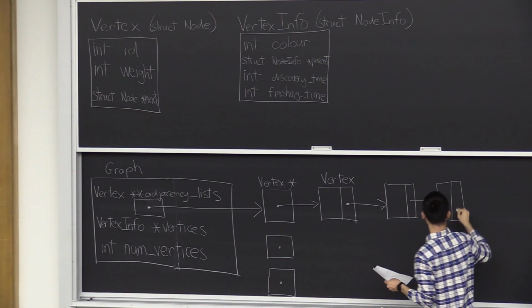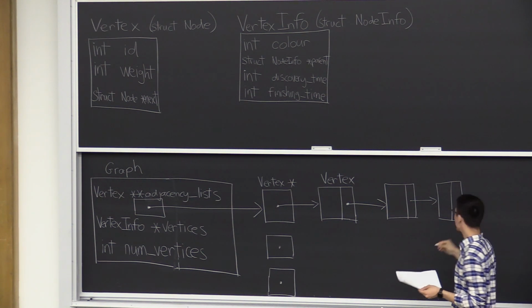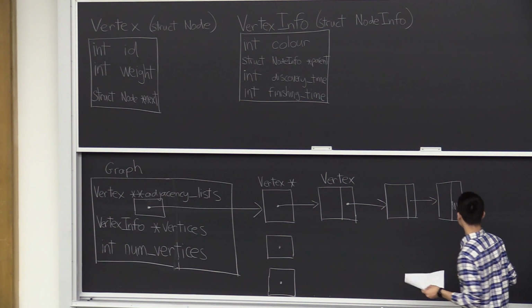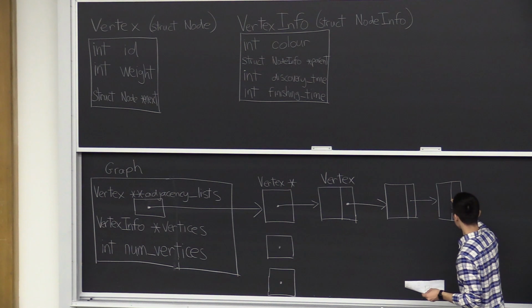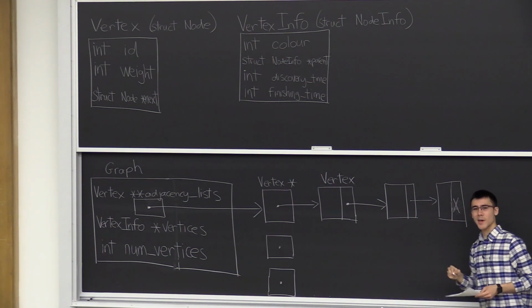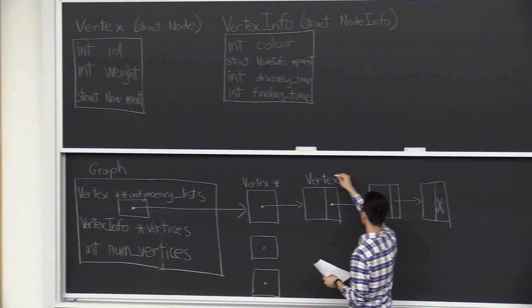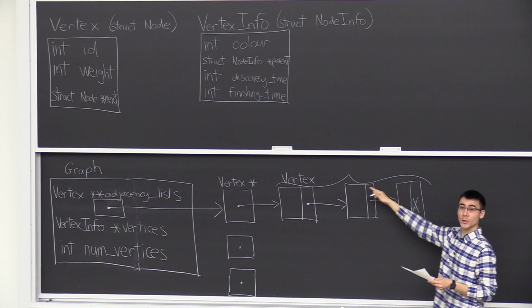And eventually, as you know with linked lists, the terminating node is just going to have a next value of null. You know what? From now on, null, I'm just going to specify that as an x, okay? Just for easier viewing. So all of these are of type vertex.